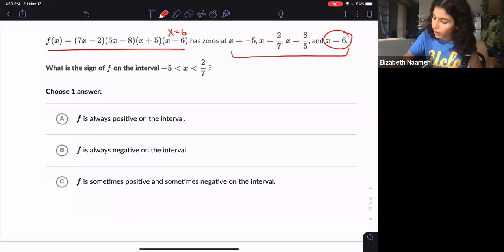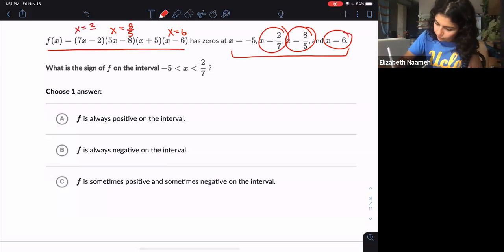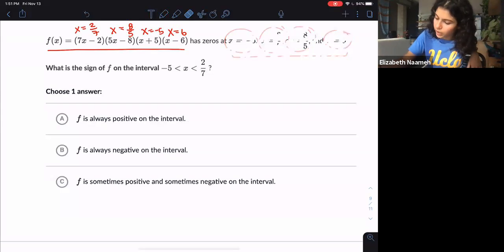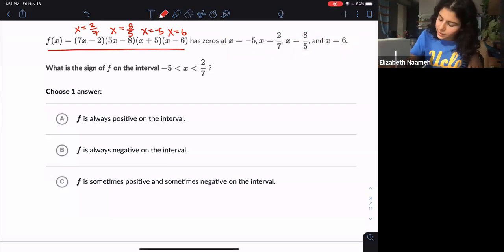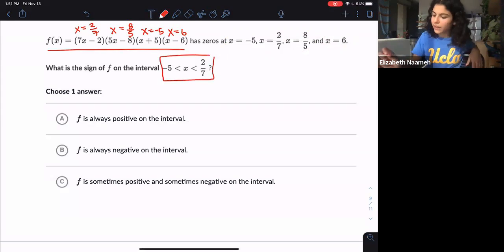I would recommend writing this down, like if you're taking the test, and putting the zeros on top of their factors, just to verify x equals 2/7, and then x equals -5 right there. So they've done all the hard work. The question is, what is the sign of f on the interval from -5 to 2/7?